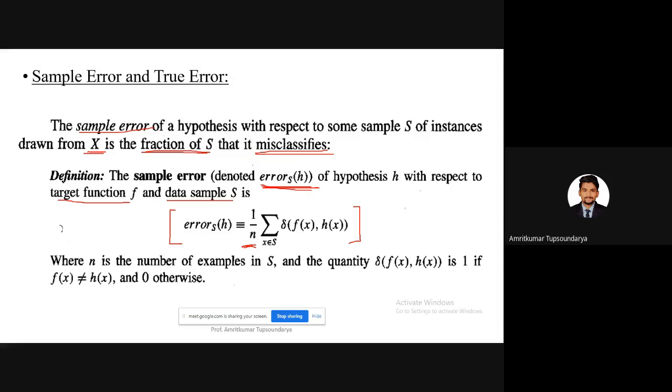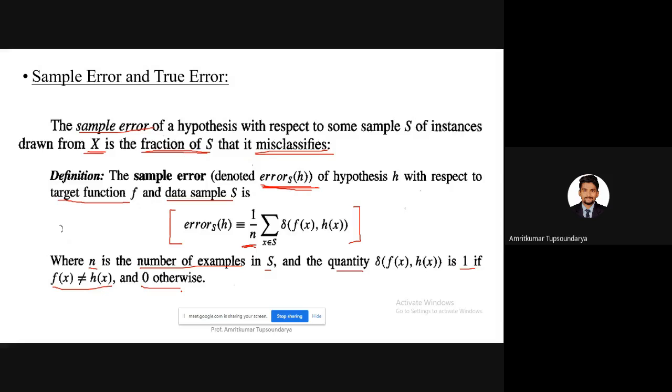Here n is the number of examples in S, and the quantity delta of f of x comma h of x is 1 if f of x is not equal to h of x, and if f of x is equal to h of x, then it will be 0 otherwise.